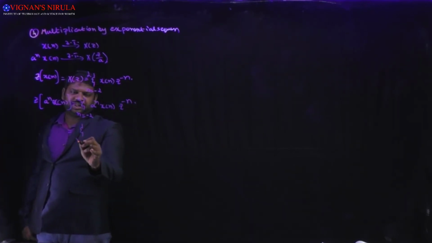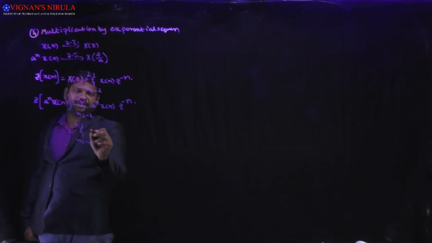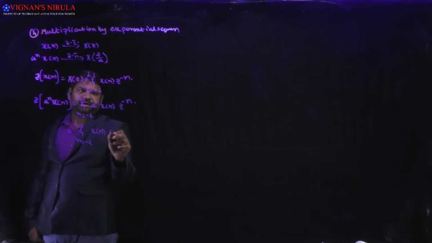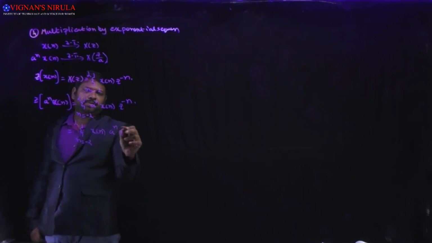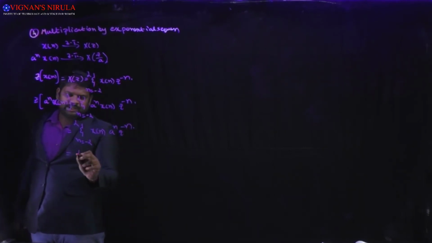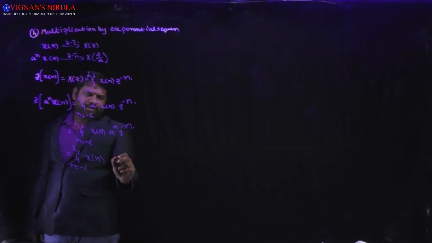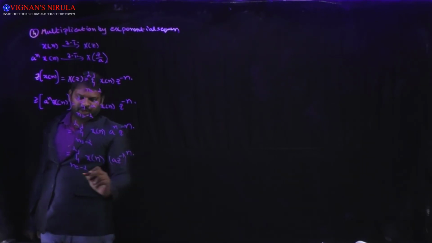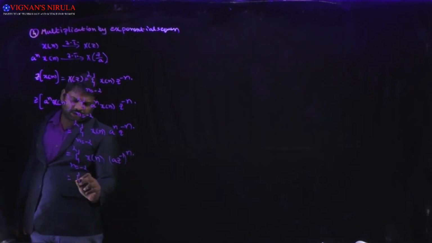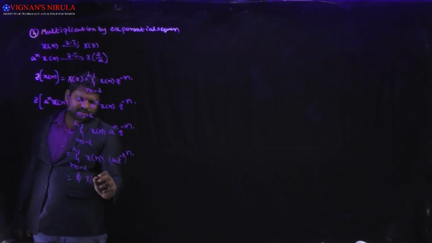Then summation n varies from minus infinity to infinity x of n, then a z inverse whole power n. That's nothing but the z transform of a z inverse.